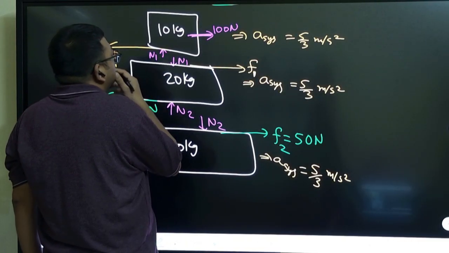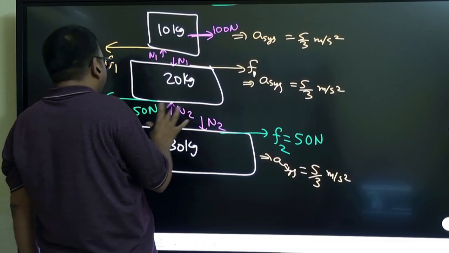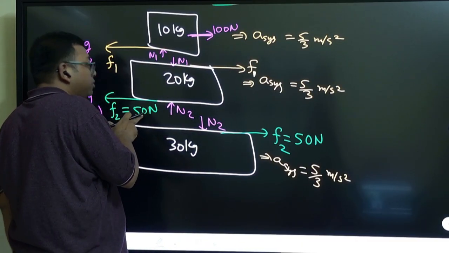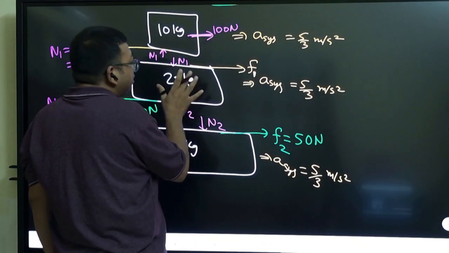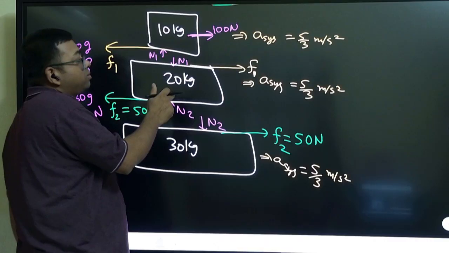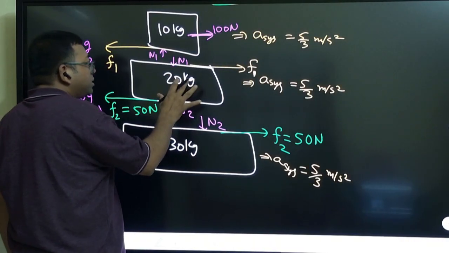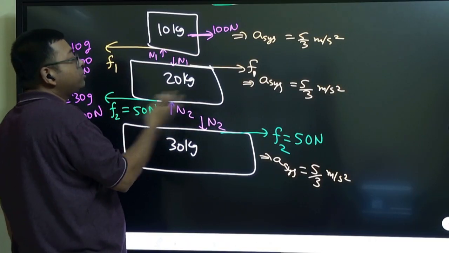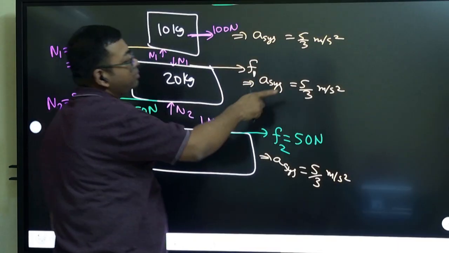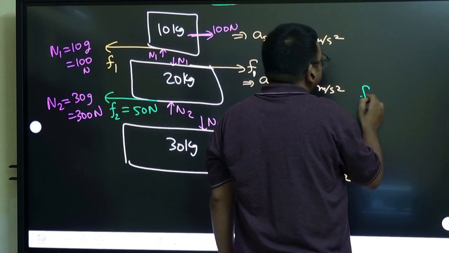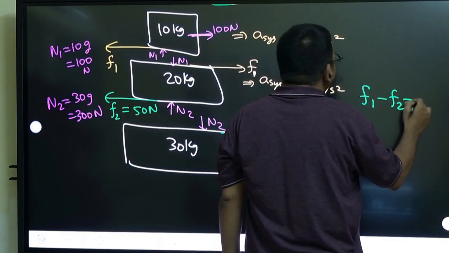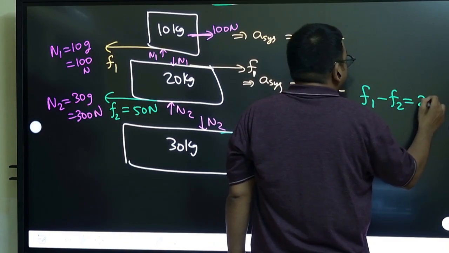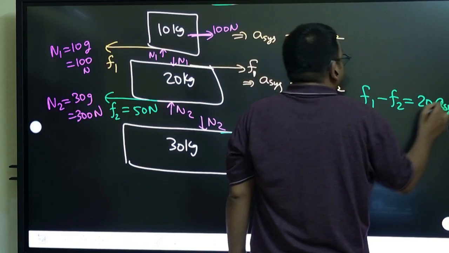Now we want to calculate. Okay, so we have already seen this is 50 Newton. Now we know the acceleration. Let us apply Newton's law on this block. On this block, F1 is acting like this, F2 is acting like this. These are the only two horizontal forces, and it is accelerating that way. So Newton's second law says F1 minus F2 will be mass into acceleration, 20 into the acceleration of the system.